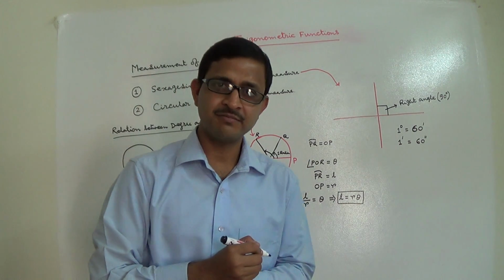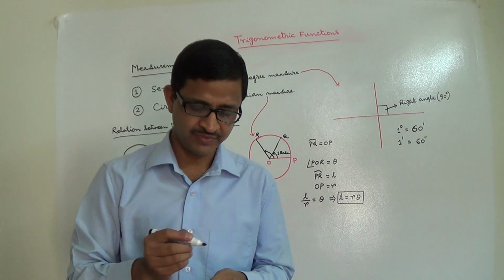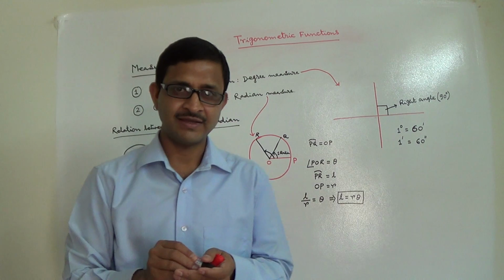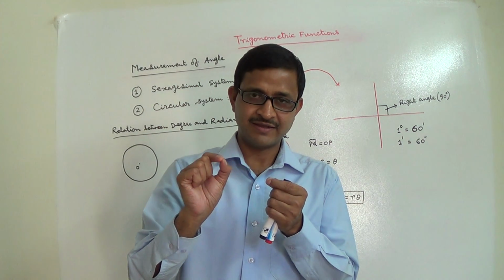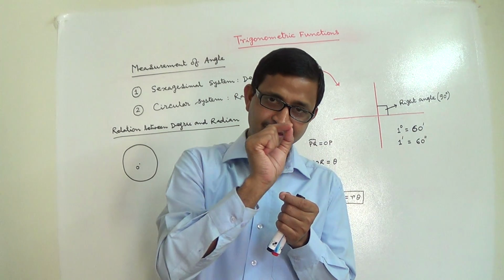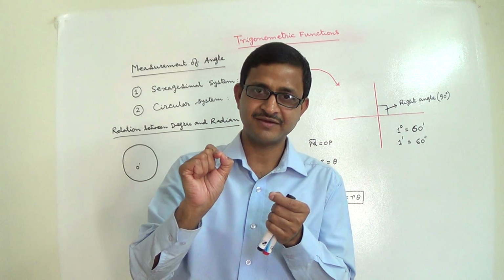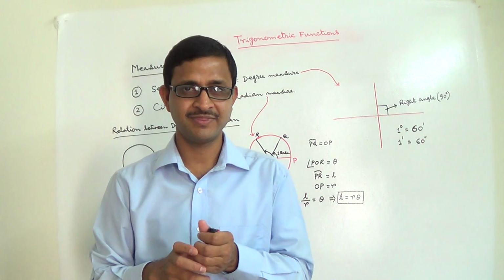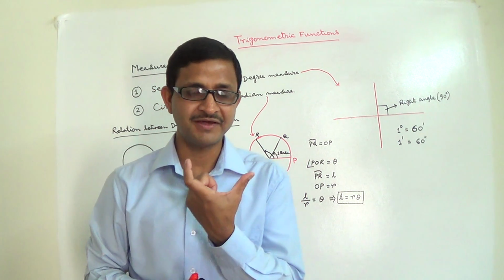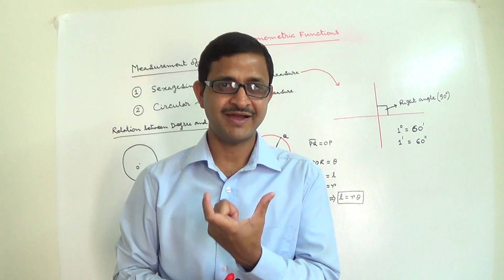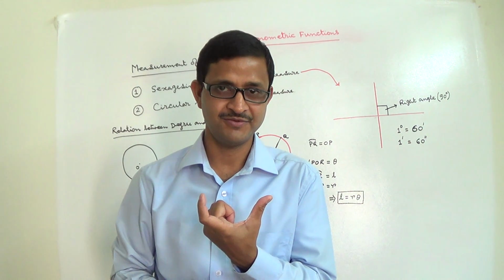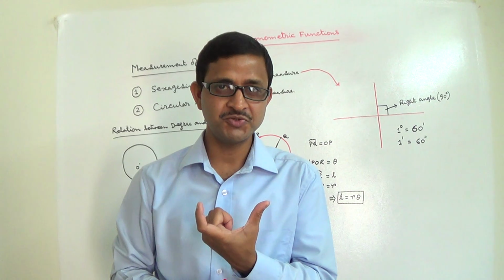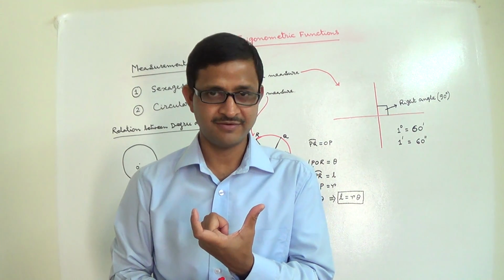One very fundamental point we always know is that if I divide the circumference of the circle by the diameter of the circle, I always get a constant number that is called pi, which is equal to 22 by 7. Right?